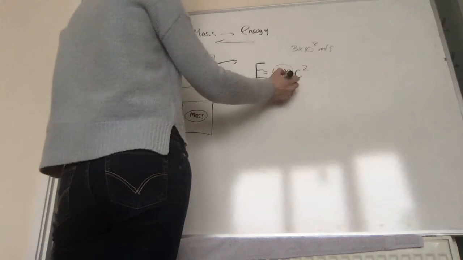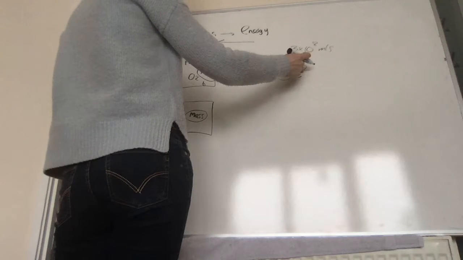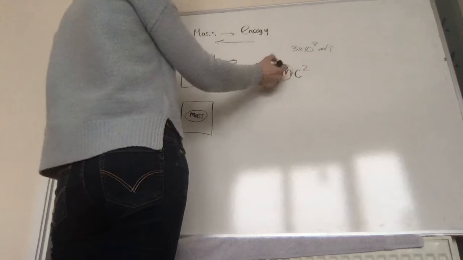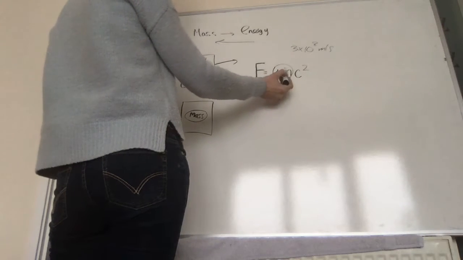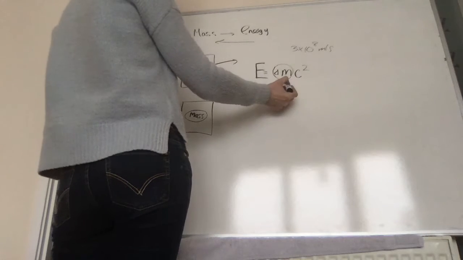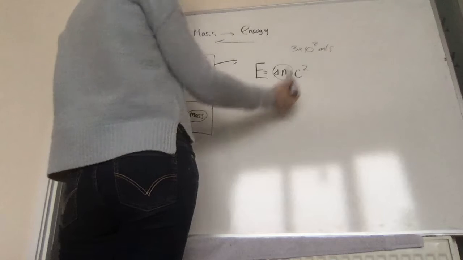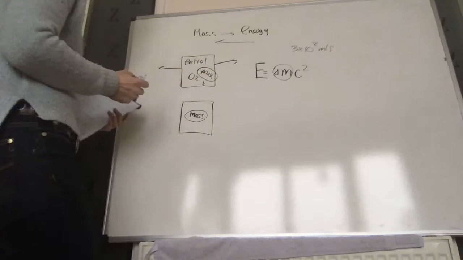It's the change in mass, the amount of mass that is lost. That mass has basically been converted into energy, and the amount of energy that you get from a certain amount of mass is the mass times the speed of light squared. So you get a large amount of energy for a very small change in mass.